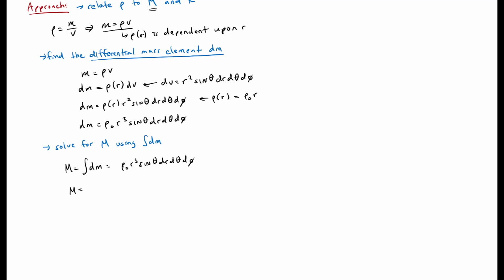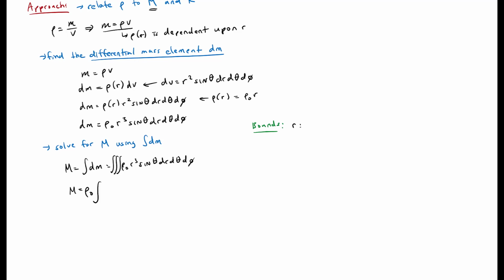So it's no longer one integral, it's actually three integrals, because dm is defined by three different differential elements. In order to solve this, I'm going to have to figure out my bounds. First, I can take out this, but I'm going to have to determine what my boundaries are in order to continue.